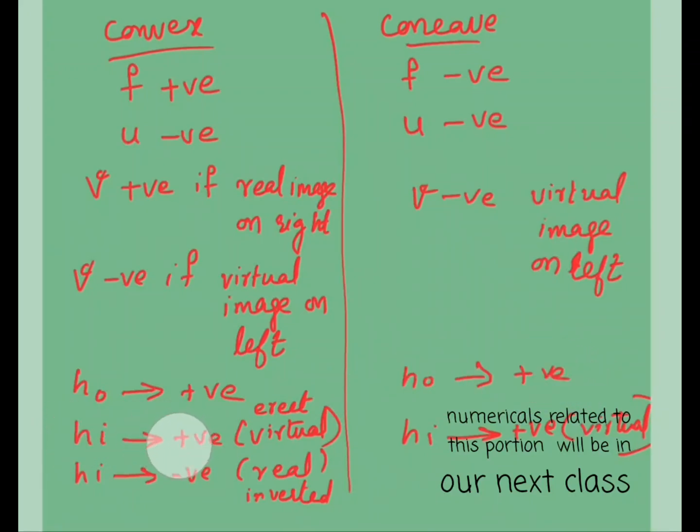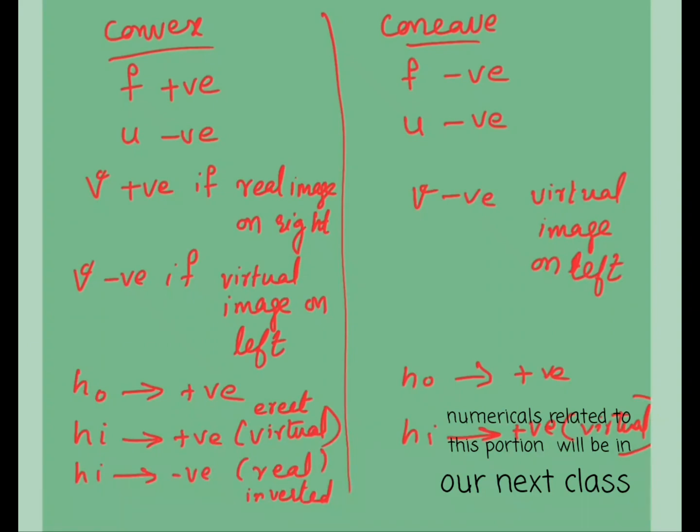Height of the image, if it is a virtual image, will be erect, so height should be taken as positive. If it is a real image, it will be an inverted image, so height should be taken as negative. For a concave lens, height is positive because we get a virtual image. So this is how the sign convention goes.